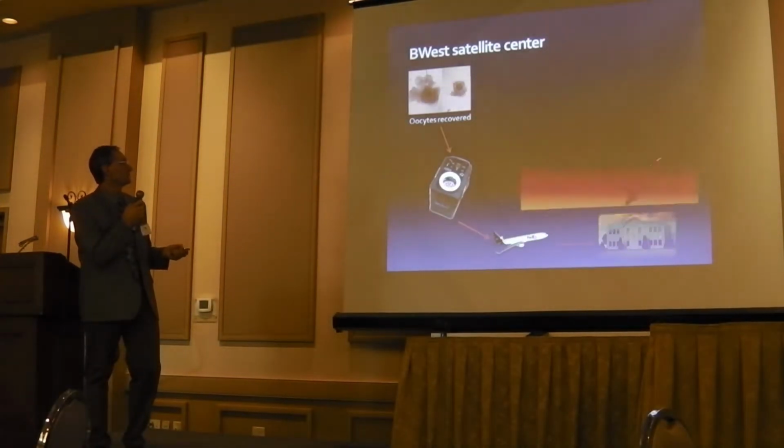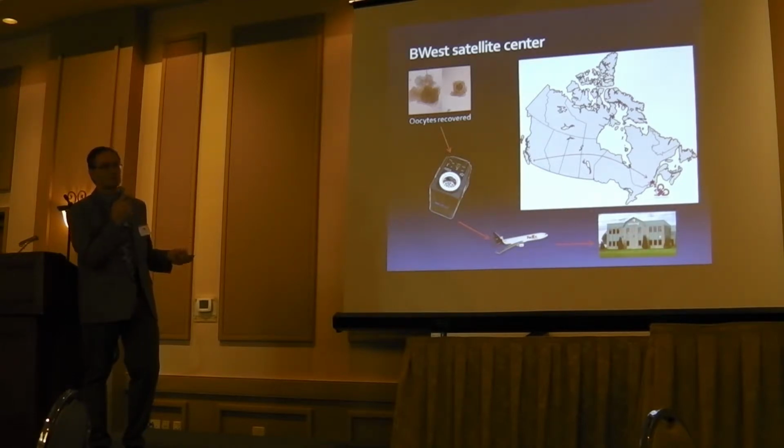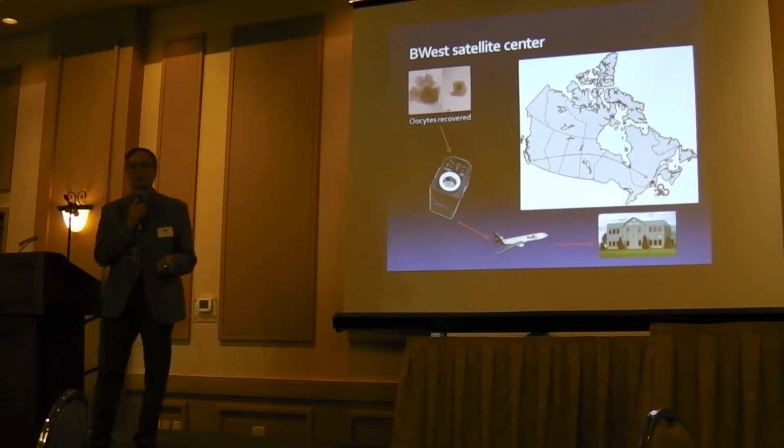Okay, so then what we have here is an incubator. The oocytes that we recover we'll put into the incubator, and this is a microprocessor controlled incubator that keeps the temperature extremely consistent, and that's really what we're after. It also goes in what we call IVM media.